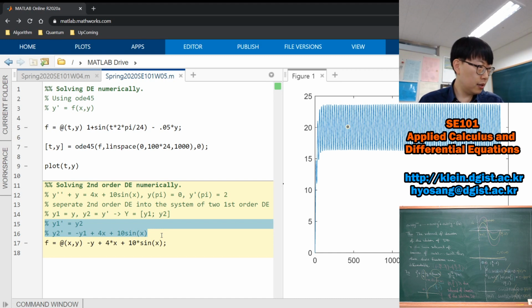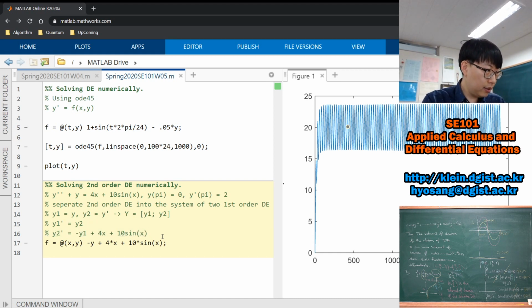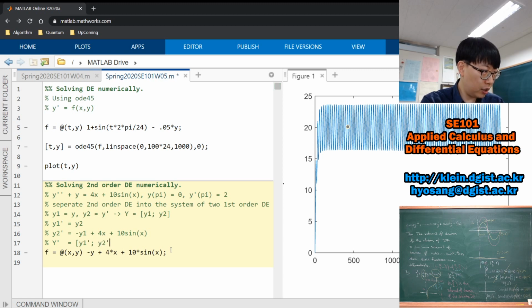And now you see this array y1 and y2 prime is considered as large Y prime, which is simply taking a derivative on each element of the array. So what I'm trying to do is find the first order differential equation to solve this second order differential equation.